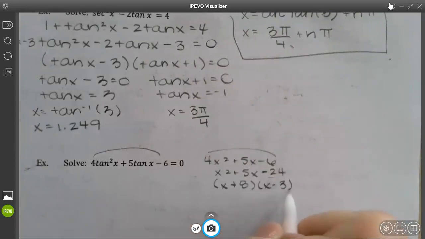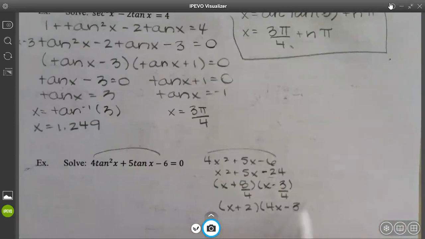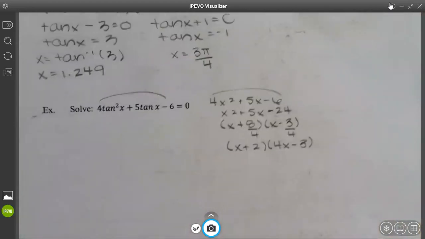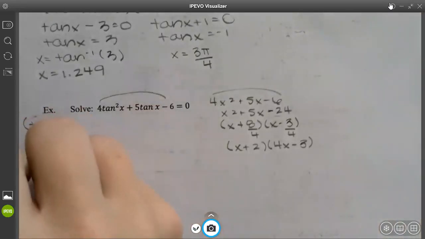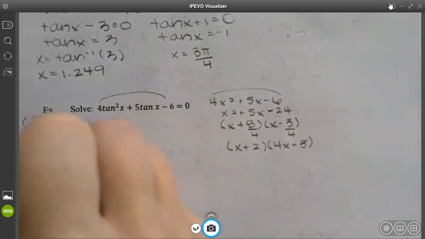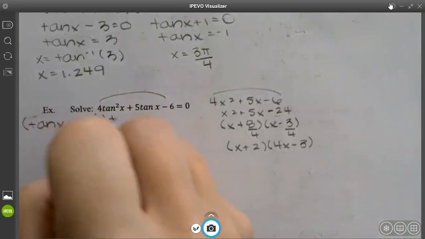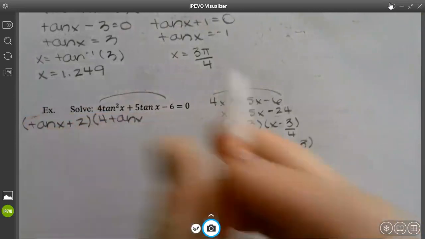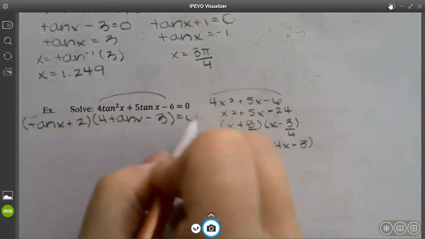What else do I need to do? I get 4x minus 3. It's okay. So then our x's are what? Actually tan. So tan x plus 2, 4 tan x minus 3 equals 0.